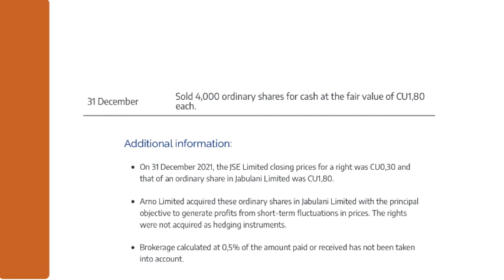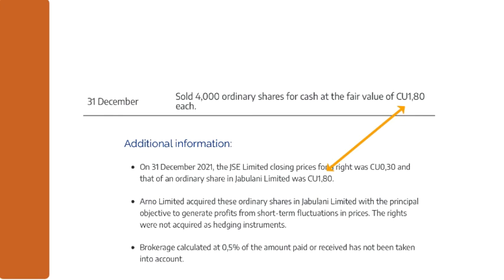Because there was a sales transaction on 31 December, you will already have done a fair value adjustment before recognizing the disposal, and your investment in shares will therefore be at the correct fair value, which is the 31 December fair value, because you did the sales transaction on reporting date.